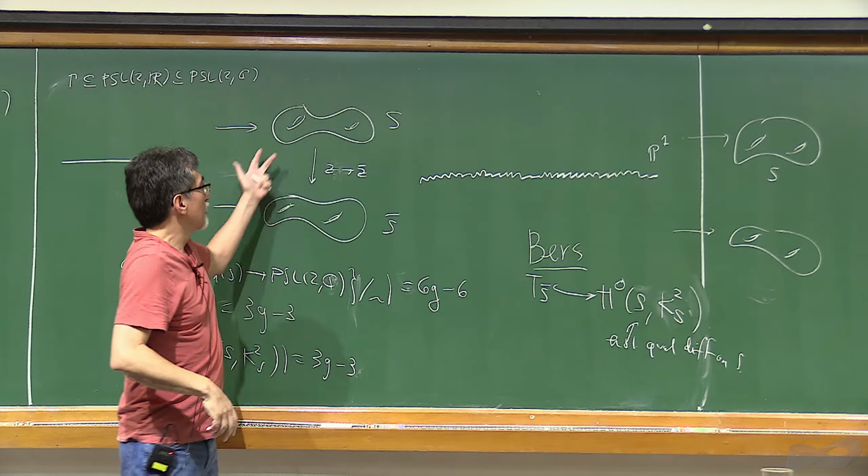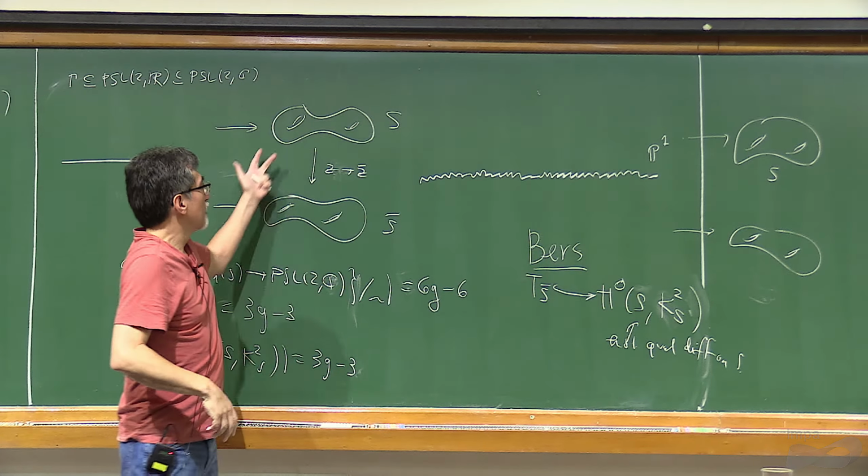And if I act by the whole group of linear transformations of P2, I will act on my flag manifold because I will transform points in points, lines in lines. I will preserve my incidence relation. I will preserve my foliation. And everything will be invariant by these groups, okay?